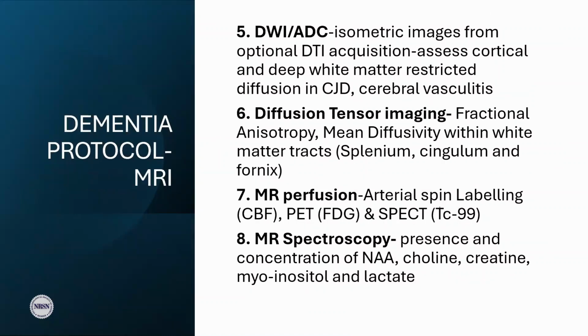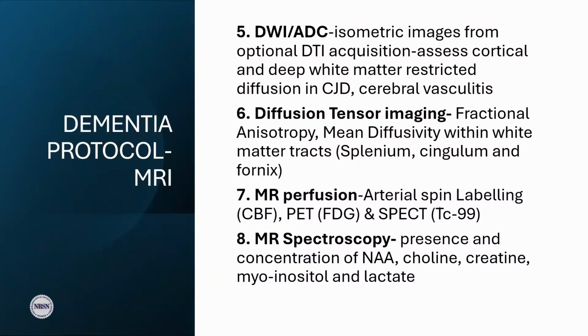Now, diffusion weighted image and its apparent diffusion coefficient map. Isometric images from optional diffusion tensor acquisition are generated to assess cortical and deep white matter restriction, which can be seen in Creutzfeldt-Jakob disease or cerebral vasculitis.